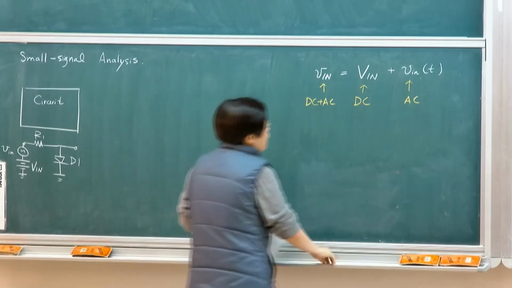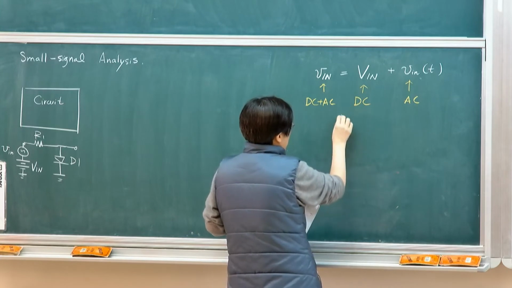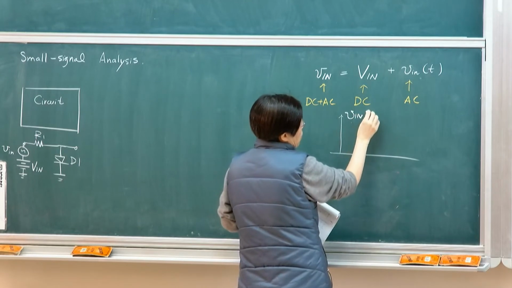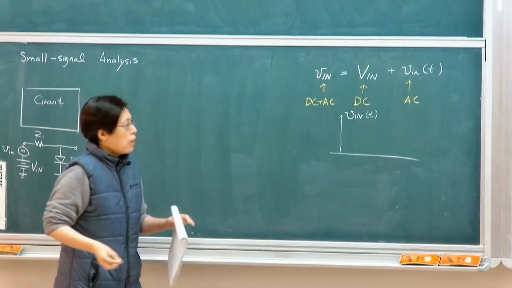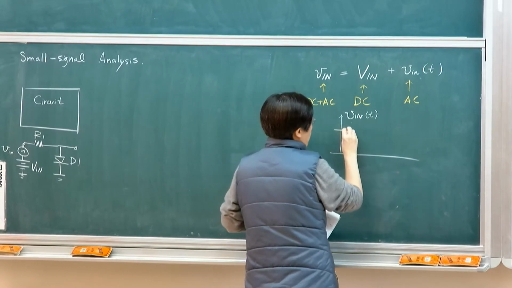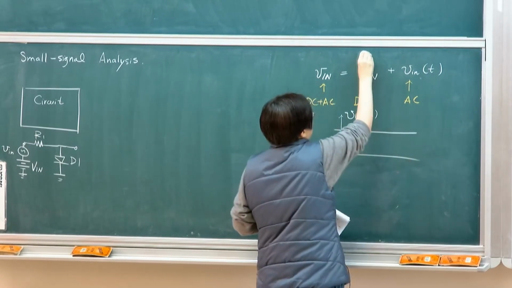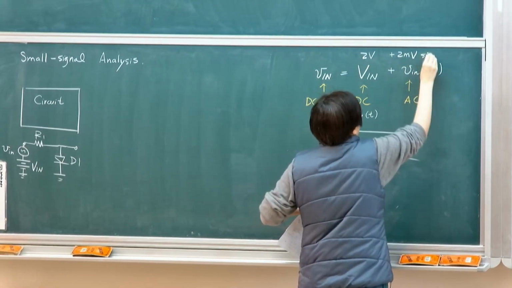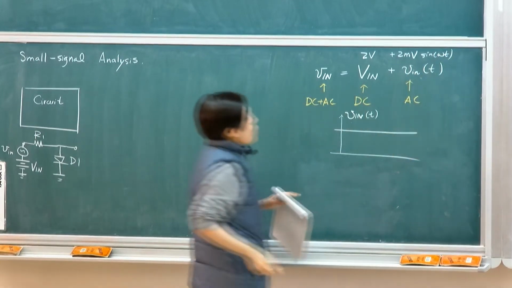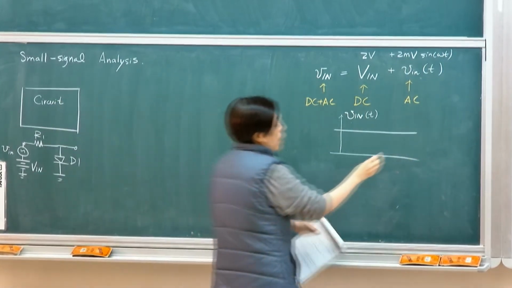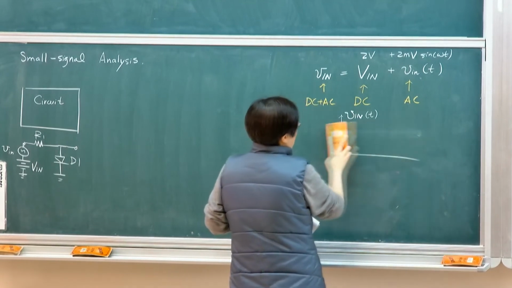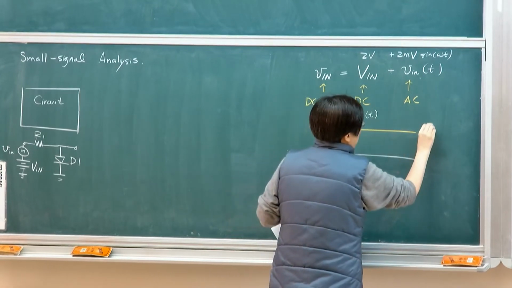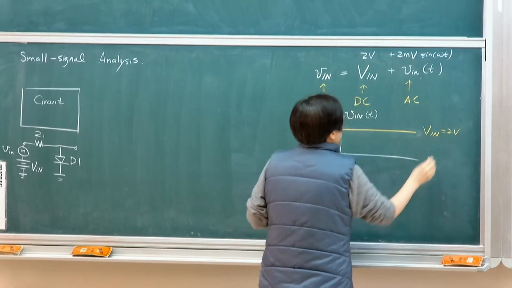So what does this imply? It implies that if I'm drawing v_in, the total signal, that's the combination of both DC and AC, it will consist of a certain DC level. For example, this is 2 volt, plus a 2 millivolt sine omega t. So this will be my DC, V_in at 2 volt.